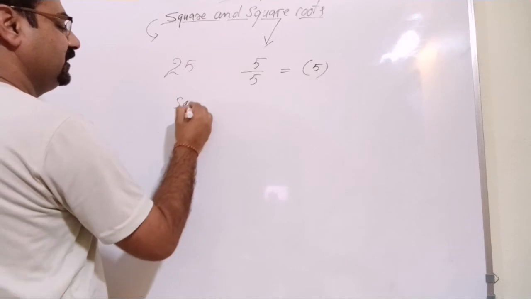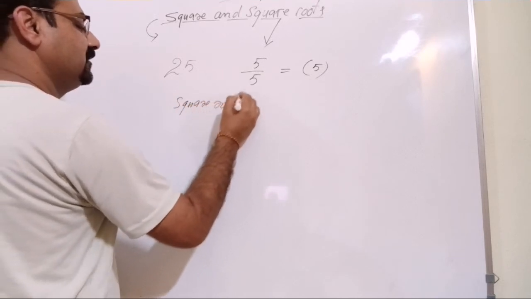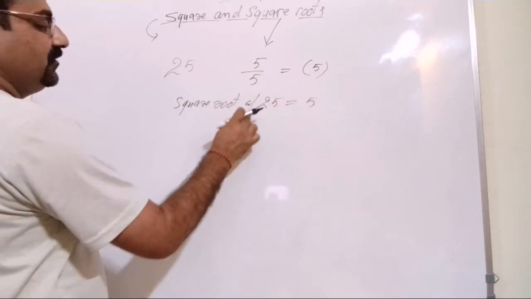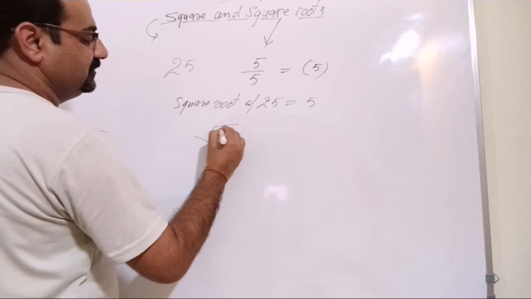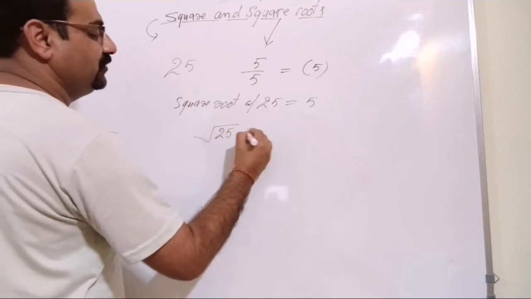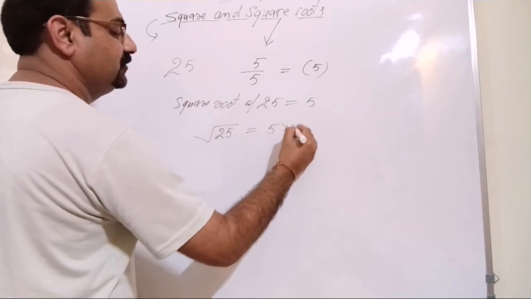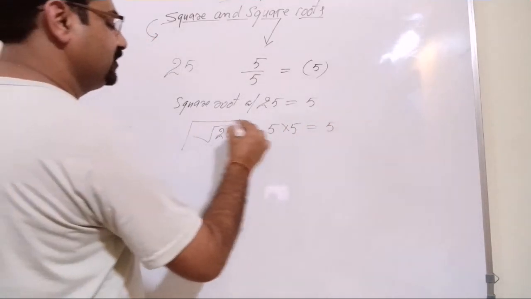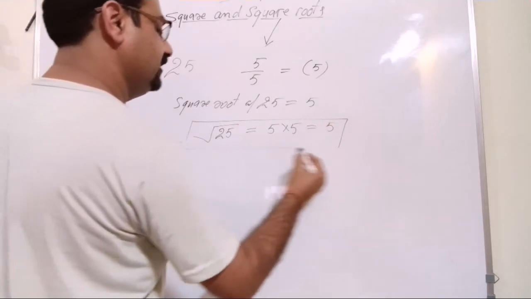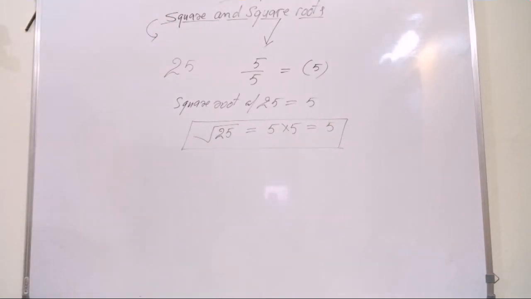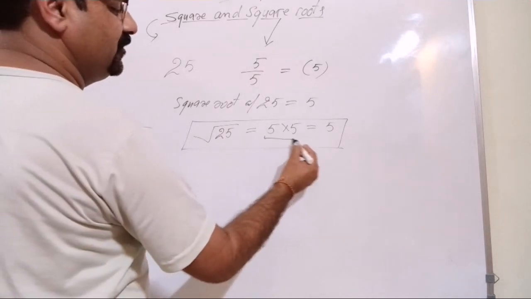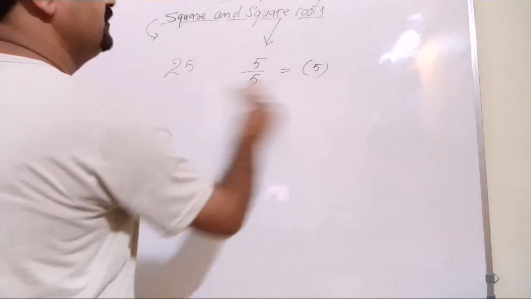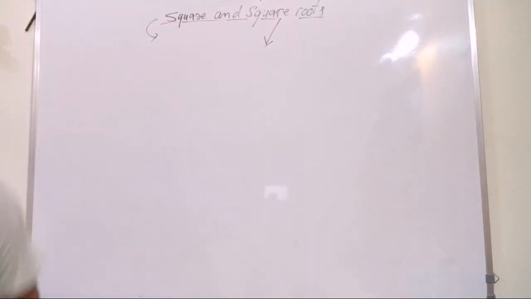Therefore, square root of 25 is equal to 5. We can write it like this. This is the actual solution of the square root of 25. Right beta? We have to make groups of the same number. Right? Now let us take one more bigger question.